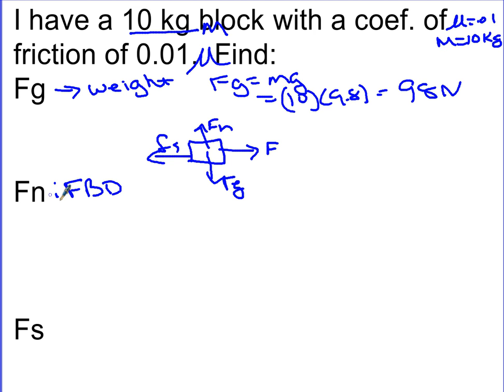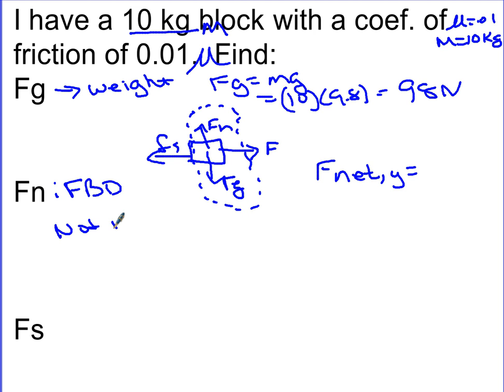Now for the free body diagram, I need to sum the forces in y to get the normal force. What are the only forces acting in y? Well, they're Fn and Fg. And it is not moving in y. Because it's not moving, that tells us the acceleration is going to be 0. This side of the equation is always the arrows from your free body diagram.